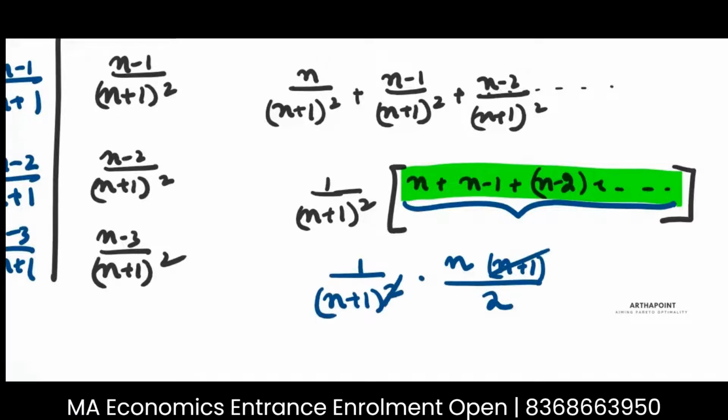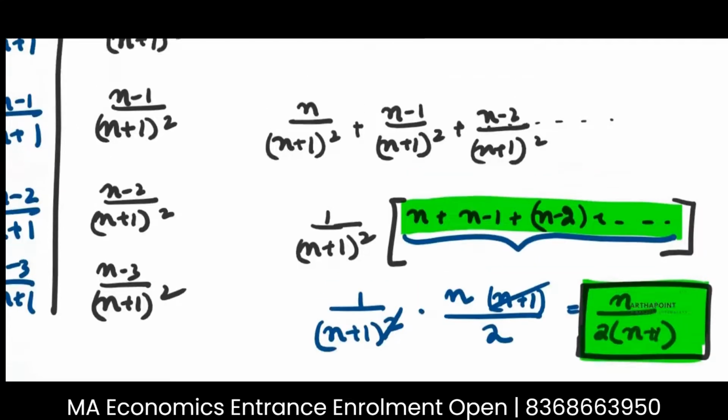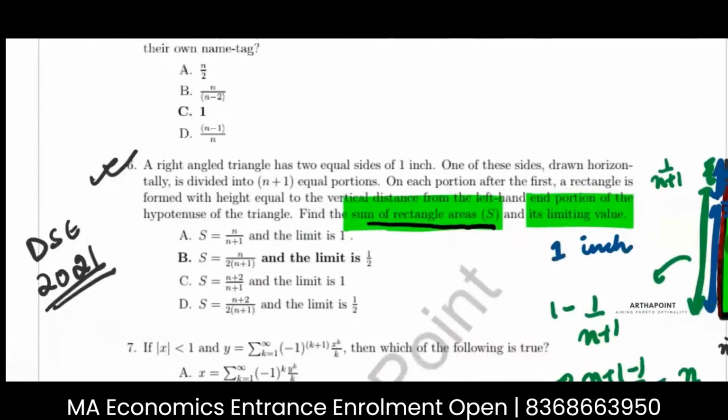So this will get cancelled, and I will get n upon 2 n plus 1. So this would be the sum of my series, n upon 2 n plus 1. So if I have to check this, the answer would be this, n upon 2 n plus 1. It's not coming anywhere else, first of all. So B is the correct answer.